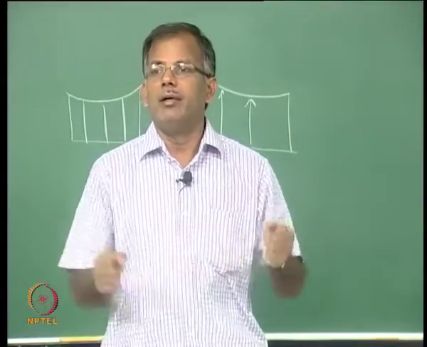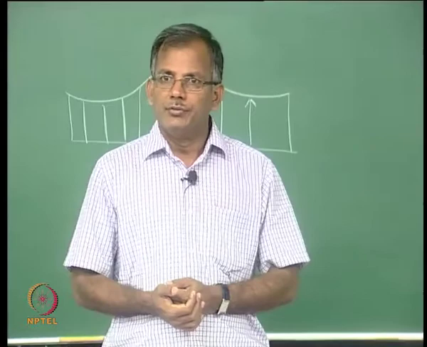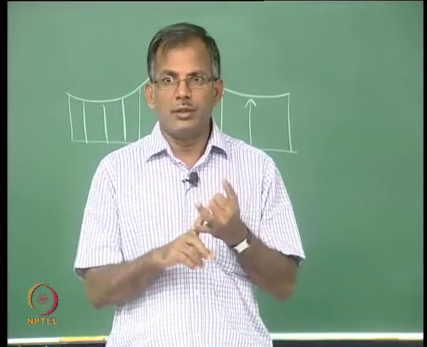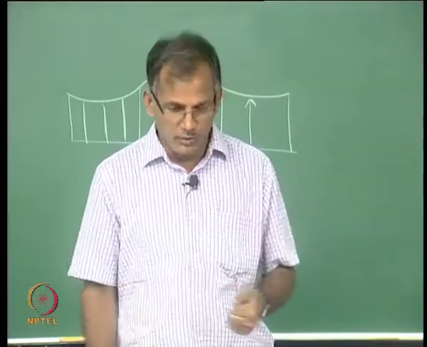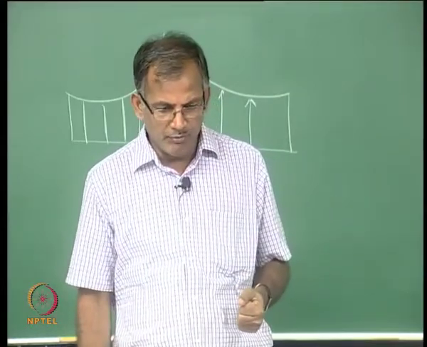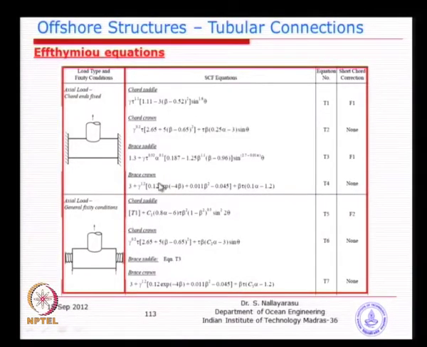So, you may have a stiffness which prevents rotation and translation, but it is not absolutely rigid. So, you may have a flexibility. You have to consider that flexibility in here, and it is repeated for chord side, crown and saddle, brace side, saddle and crown. So, same equations modified for different boundary conditions.